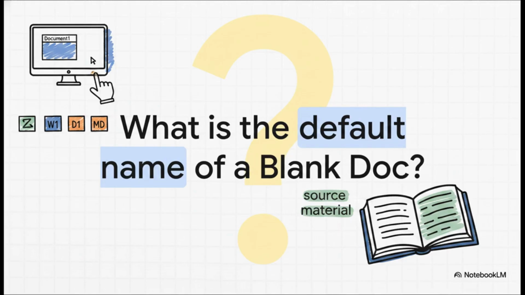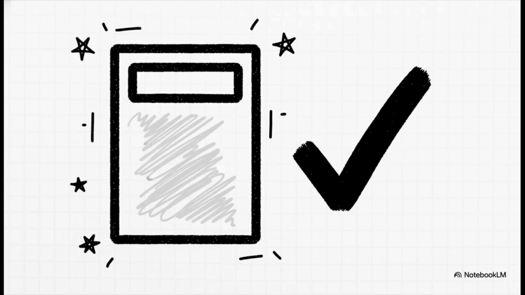Think all the way back to our very first steps. Well, if you went with Document 1, you nailed it. Absolutely correct. Like we saw when we were checking out the title bar, before you use the Save As function to give your file a specific name, Word automatically throws in that placeholder, Document 1.